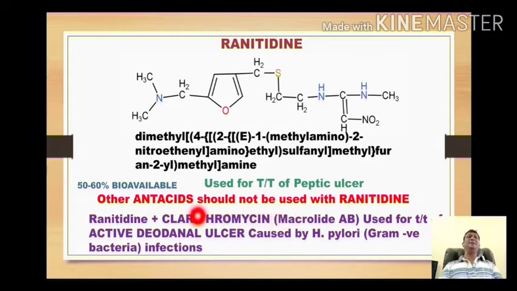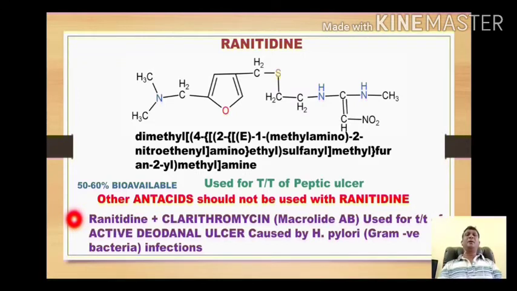Now one important precaution which we have to keep in mind is that an antacid should not be used with ranitidine. That means ranitidine should not be combined or concurrently used with other antacids. Otherwise, the action of ranitidine will get decreased.